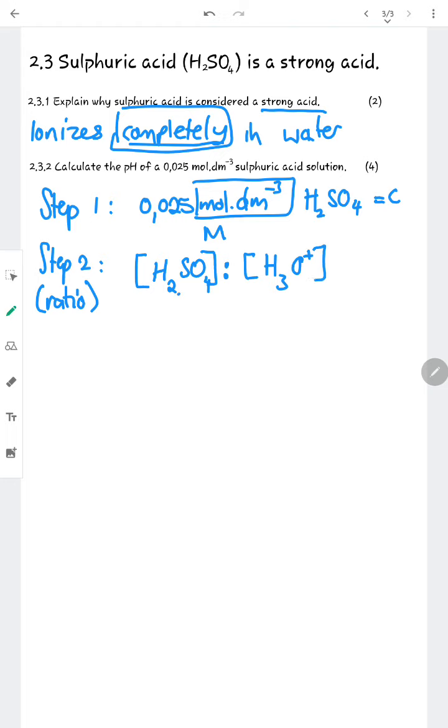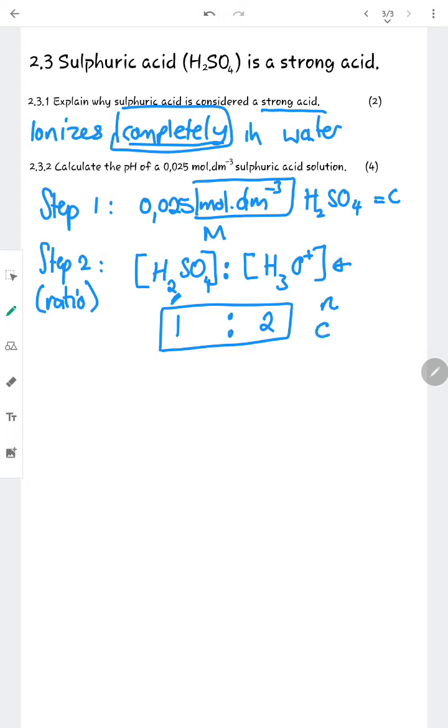And if you pay attention here, sulfuric acid is a diprotic acid, meaning that for every one sulfuric acid molecule, I will have 2 hydronium ions. So I have a ratio. This ratio can be used for number of moles as well as for concentration.